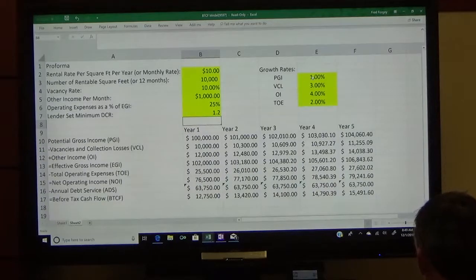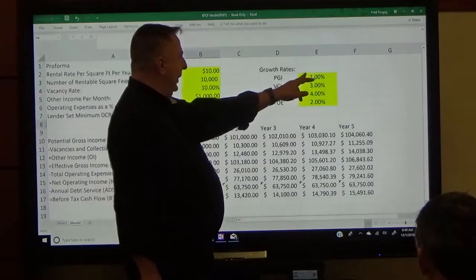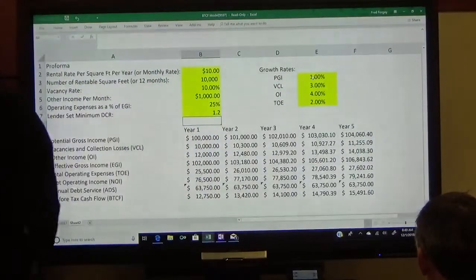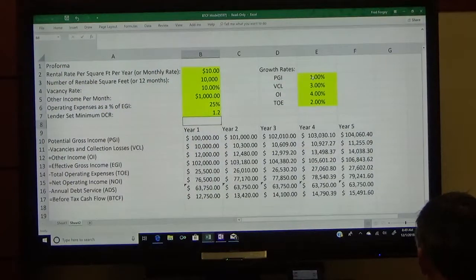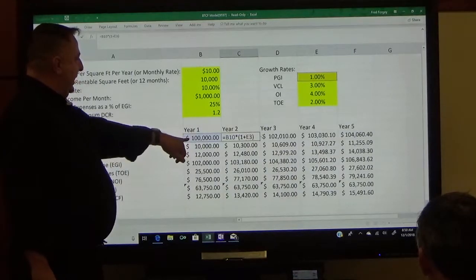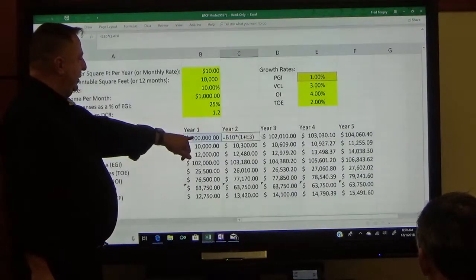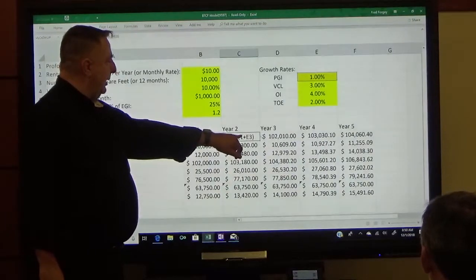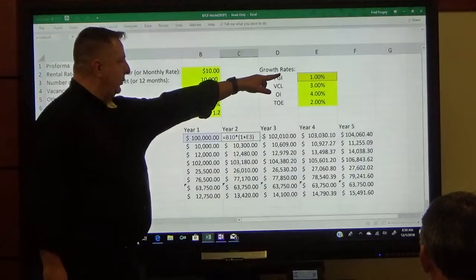So one of the other things that we built into this model, as we said, are the growth rates, so that you can look at each individual year. We'll start up here with the first one, just to show what we're doing mathematically. We're simply taking the $100,000 for the first year of income and multiplying it by 1 plus the growth rate of 1%.